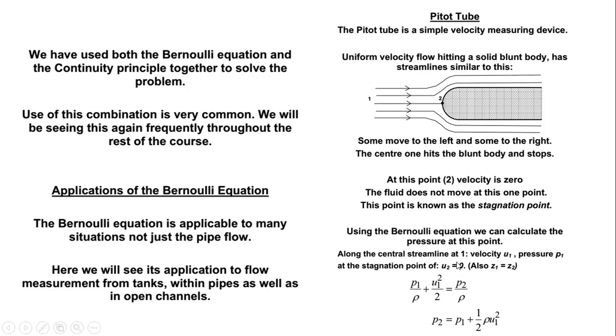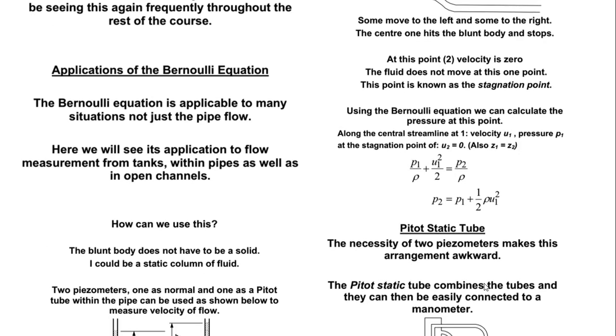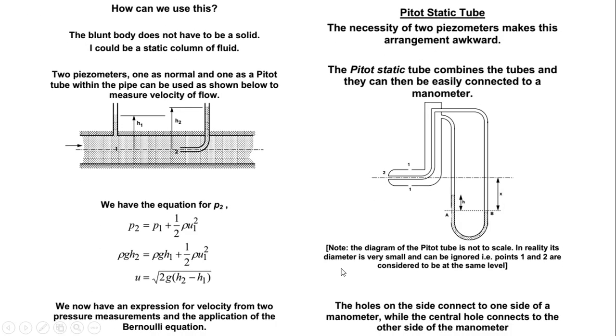From there, we can find the pressure. We know the pressure at 1 is ambient, atmospheric pressure, so we can now find the pressure at 2. Then from the pressure at 2, we can find our velocity, also using this equation, making velocity the subject of the formula.